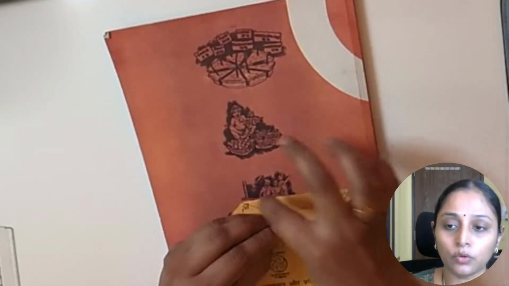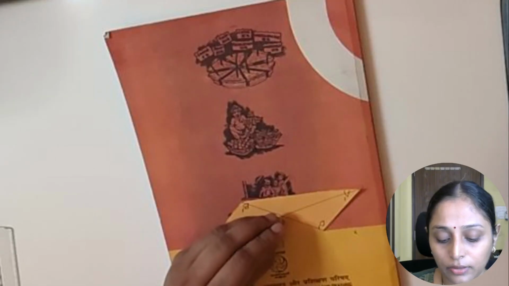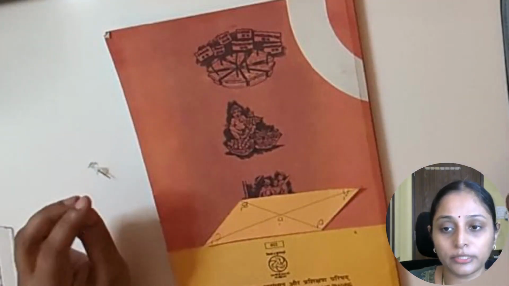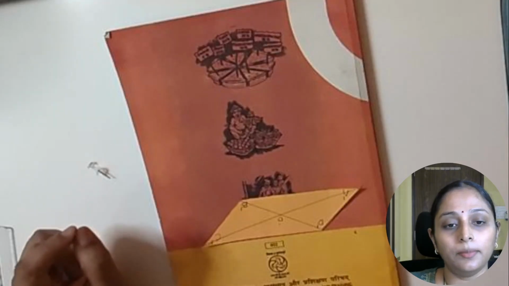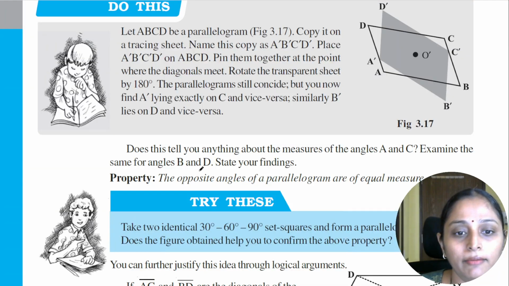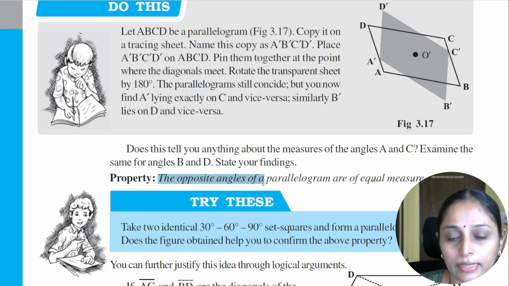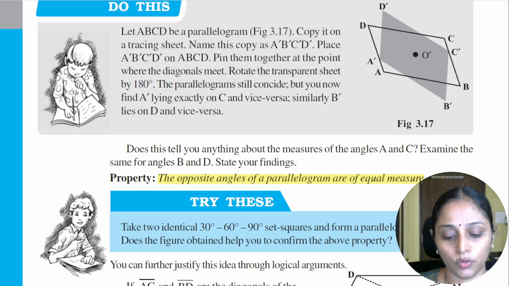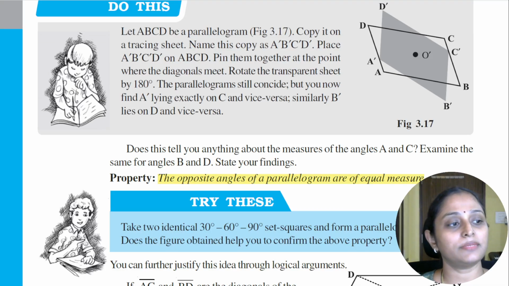Similarly, you can conclude that for all the four angles. Using them, you will say that opposite angles in a parallelogram are equal in measure. Okay. So here I have the property: opposite angles of a parallelogram are of equal measure, right? This is my second property.